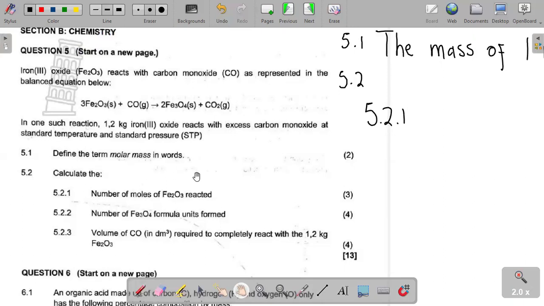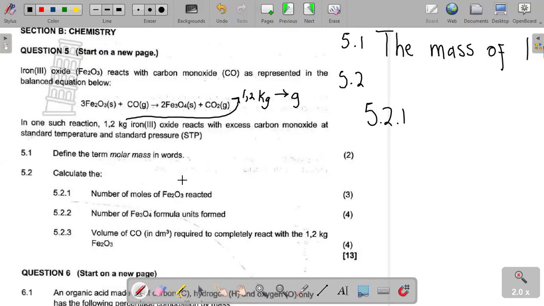Now, we can see already that the mass here is given in kgs, and we must convert it into grams. We don't use kgs in chemistry, we use grams.